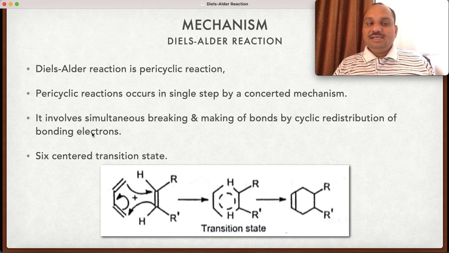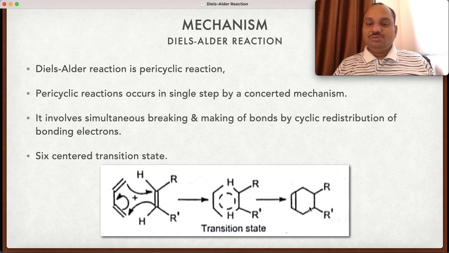In the Diels Alder reaction, there is the formation of a six-membered transition state. For example, the mechanism goes like this. This double bond in the conjugated diene goes here and forms the double bond here. This double bond of the dienophile breaks and forms a single bond between this carbon and the diene. This other double bond breaks and forms the bond between this carbon and this carbon.